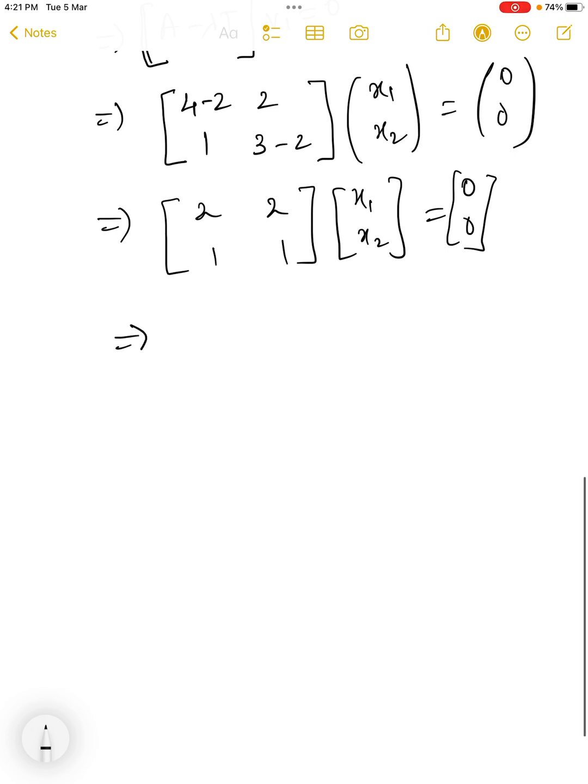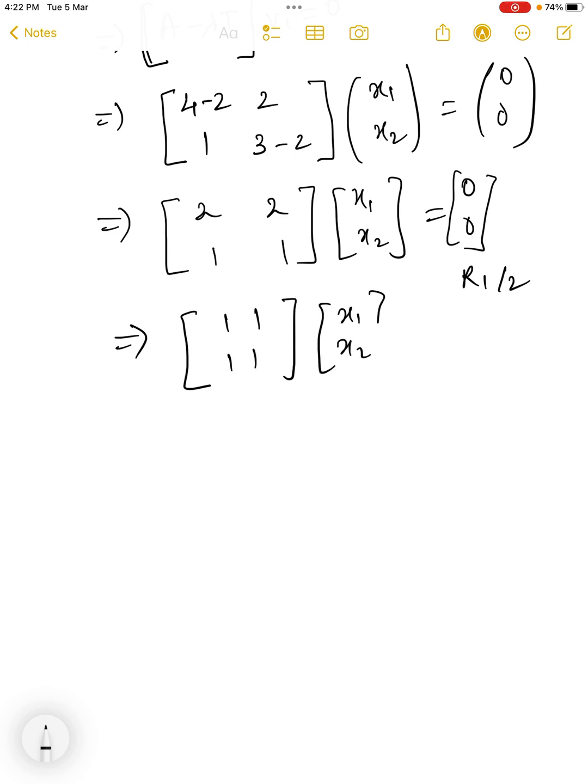Now we reduce this matrix so that we can get the values of x1 and x2. R1 divided by 2 gives [1 1; 1 1] times [x1, x2] equal to [0, 0].